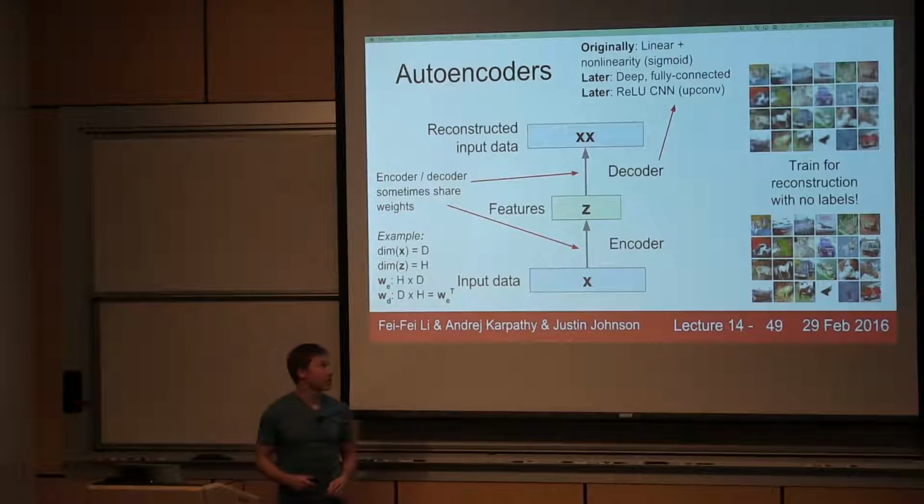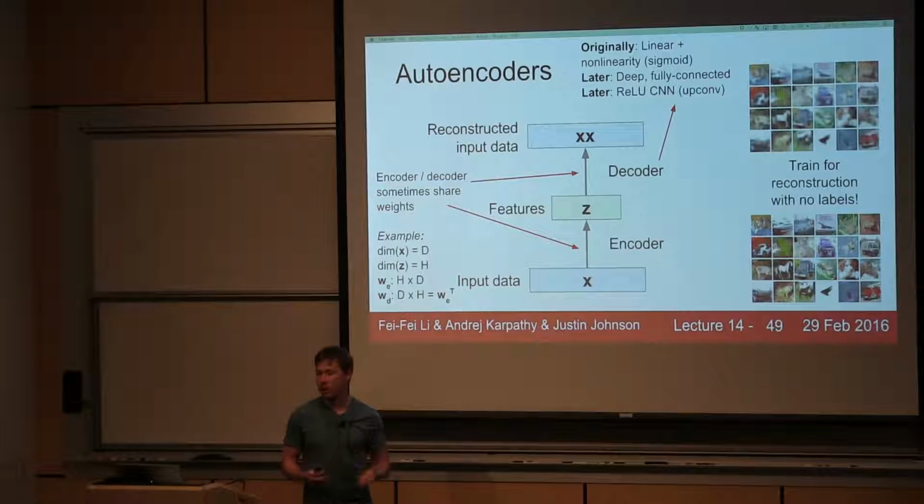Another thing that you'll sometimes see is that these encoder and decoder networks will share weights, just as a regularization strategy, with this intuition that these are opposite operations, so it might make sense to use the same weights for both. As a concrete example, in a fully connected network, your input data has some dimension d, and your latent data, z, will have some smaller dimension h.